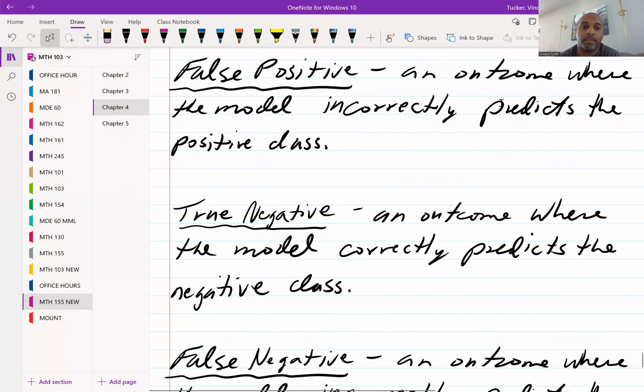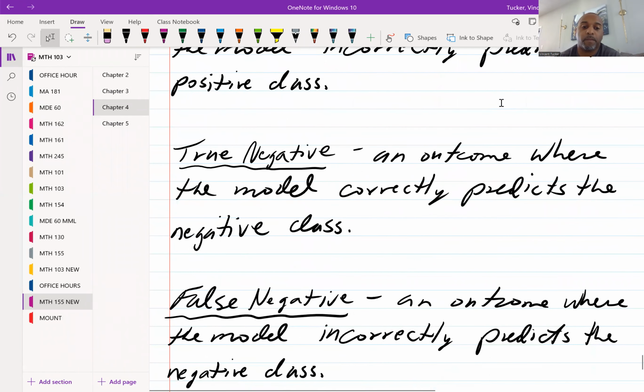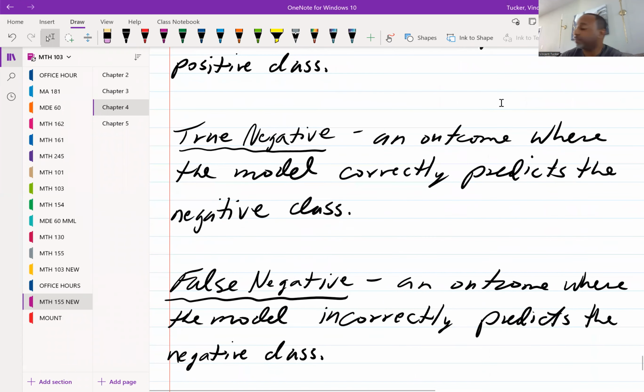Holding on a false positive. So then we have the last one, which is a false negative, an outcome where the model incorrectly predicts the negative class.